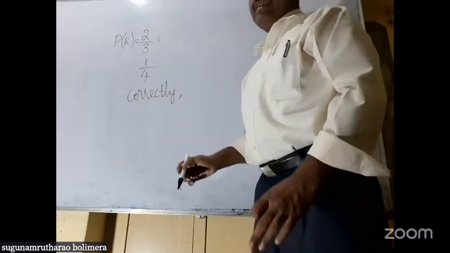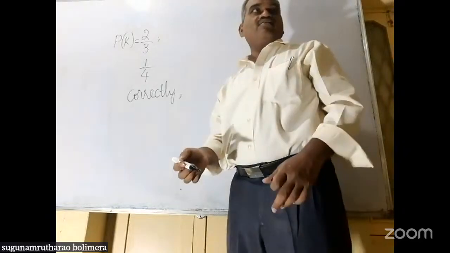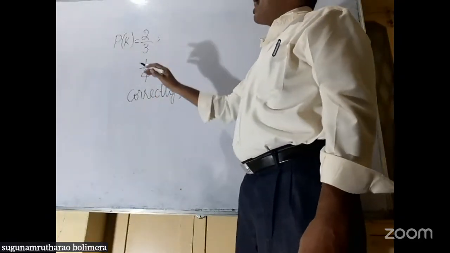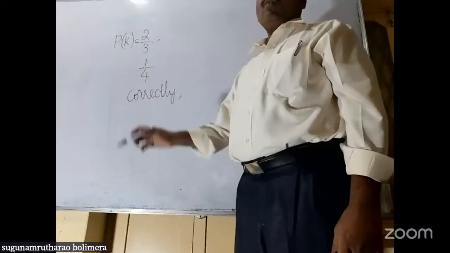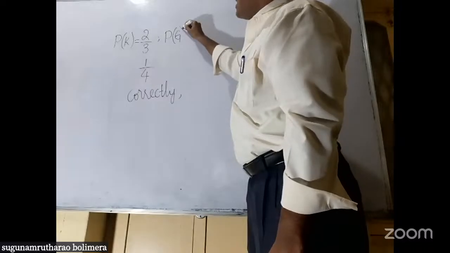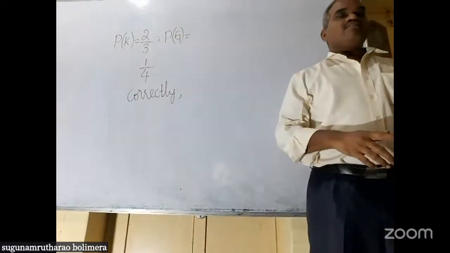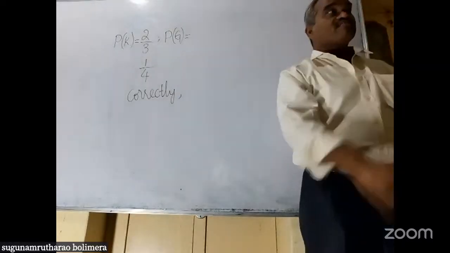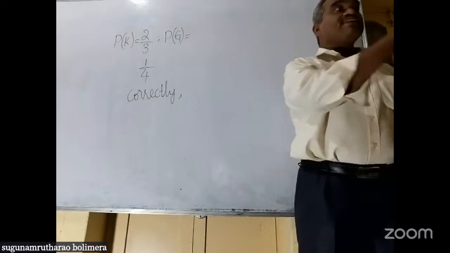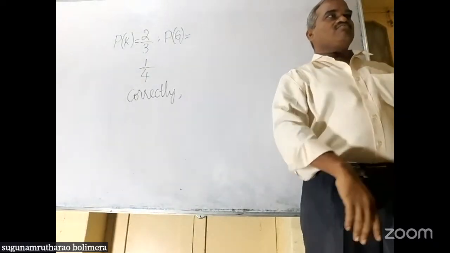If he doesn't know, what will he do? He will guess it. So now you tell me, what is the probability that he guesses the answer? Guessing is a procedure. Guessed answer being correct is 1/4.